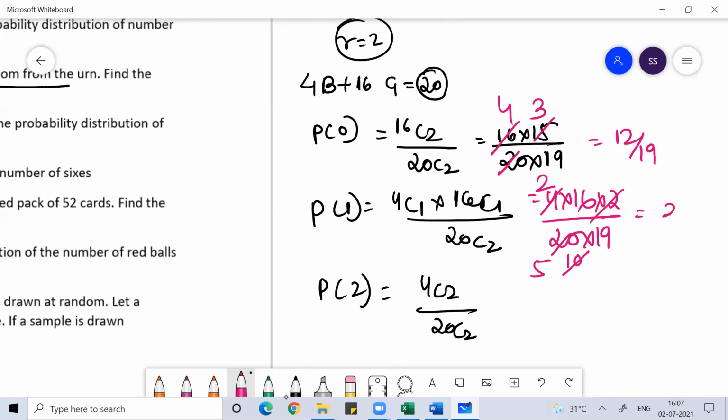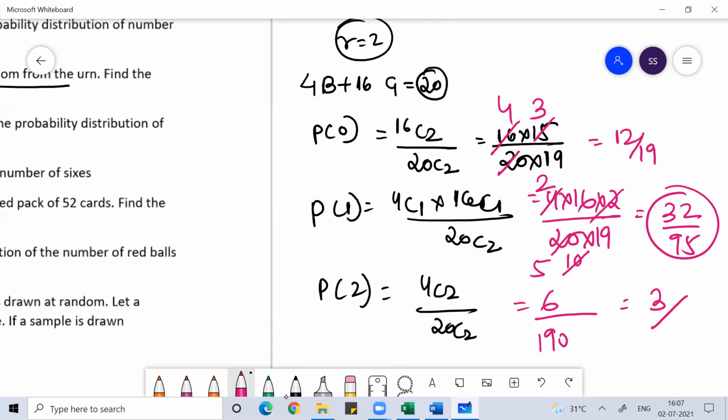This is 32 by 95. 4C2 means 6, 20C2 means 190. I'm not wrong, 20 into 19 by 10. That would be 3 by 95. You can do this.